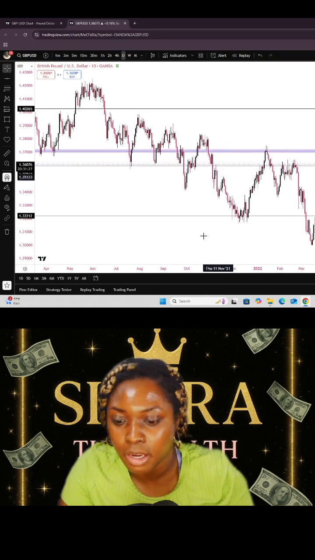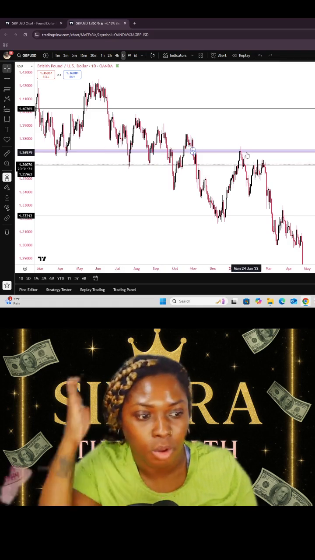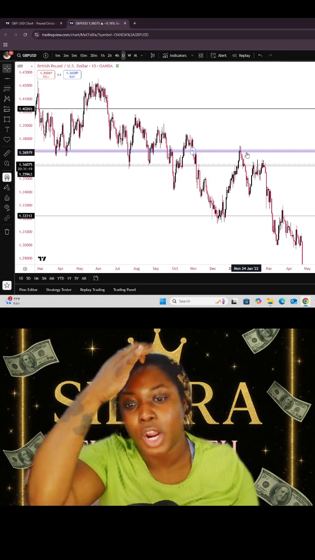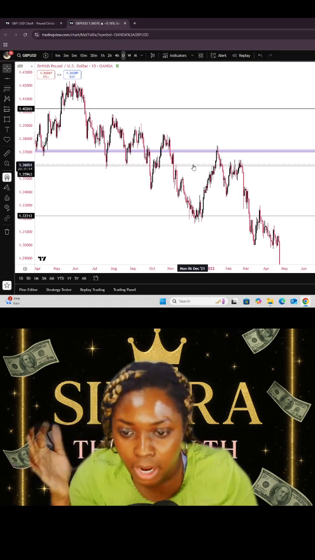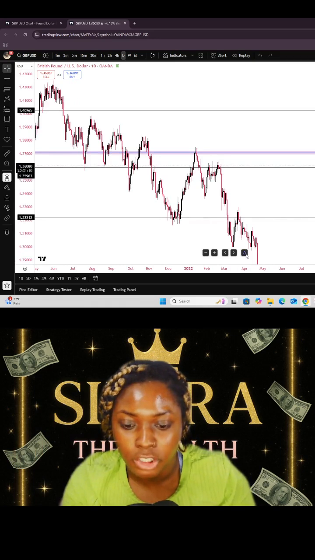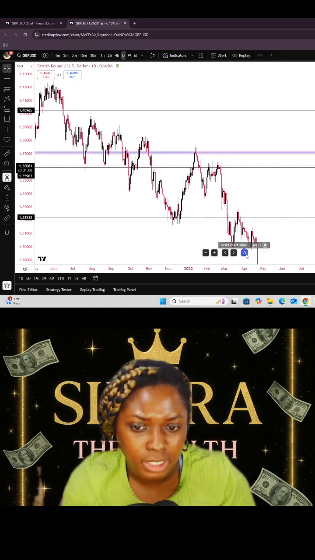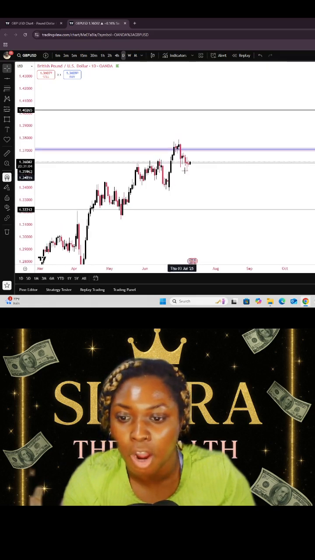All right, and as you see, once that fair value gap is marked over here to the left, it's respected, and it was respected on the right. So this is another area to where we would expect for price to come to. If you can see right here on where this dotted line is, this is where current price is. But let's just zoom over and let's see if this area has already been touched. Okay, so this area has already been touched.